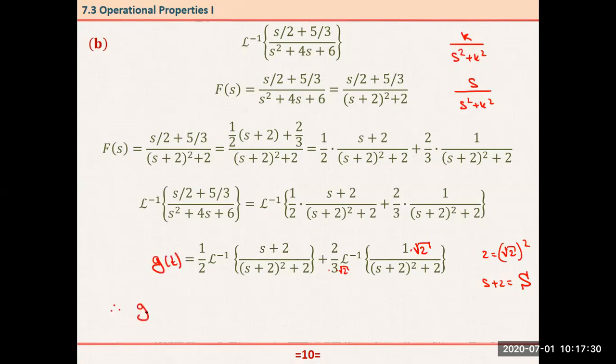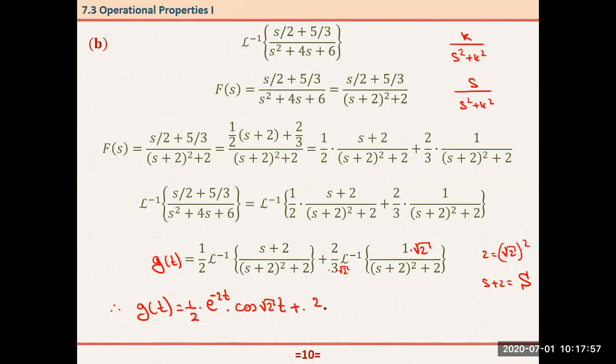The g of t will be 1 over 2 times, because of this s plus 2, e to the power minus 2t times, and instead of s over s squared plus 2, where this 2 is square root of 2 squared, we have cosine of square root of 2 t, right? Plus, how about here?